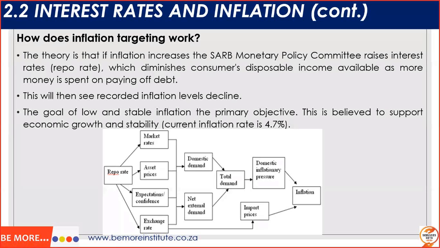They will increase the repo rate as the Reserve Bank, and immediately when that happens, the commercial banks also increase their lending rates, the rate they use to charge me and you, the general public, when we borrow from them.